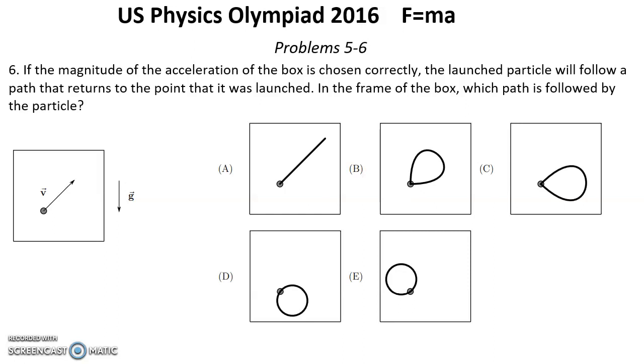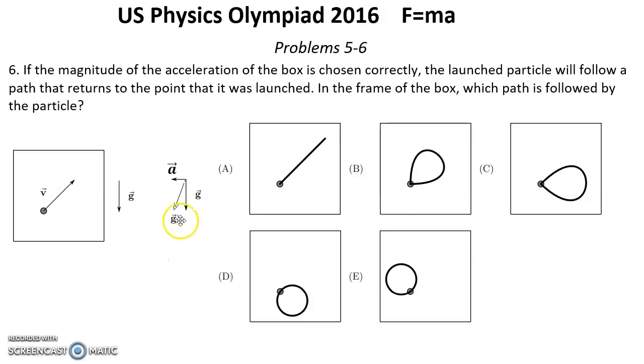As we mentioned in the previous problem, the effective acceleration of free fall will be g prime, and in any case the trajectory will be either a parabola or a straight line.